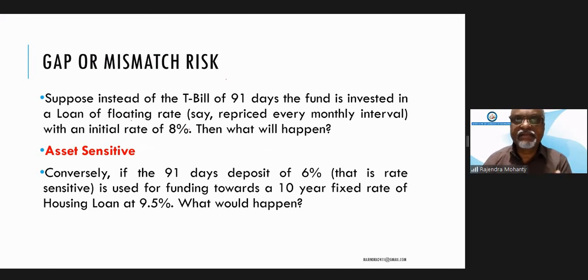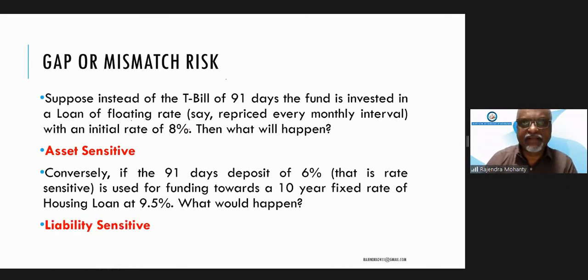The rate sensitive side is the deposit. So we can say that this is liability sensitive. Funding risk. So funding risk will be there definitely, and if it is going to be renewed, whenever it is renewed, you do not know, it might have a change of interest also. So there will be a funding risk as well as interest rate risk.